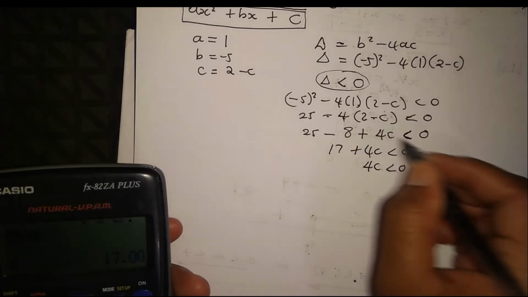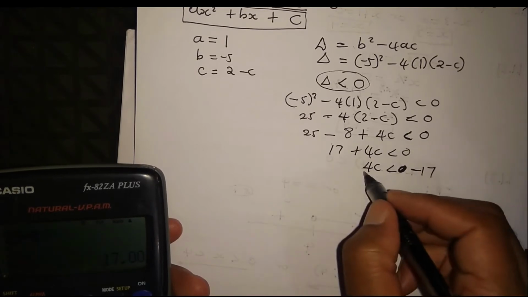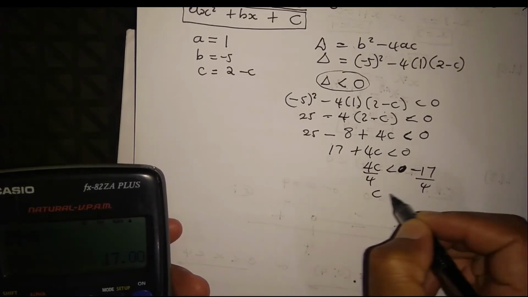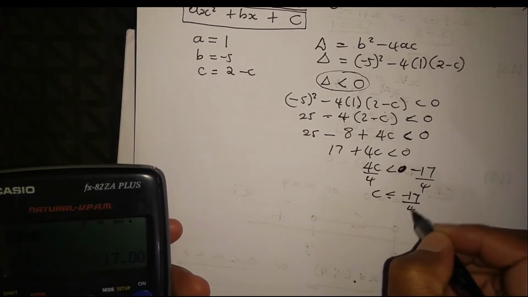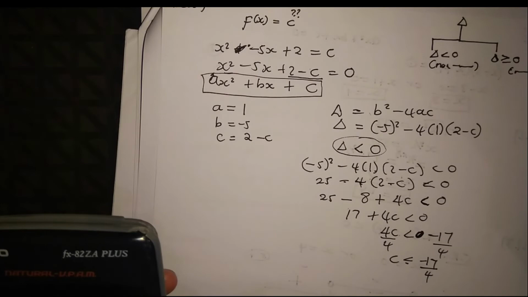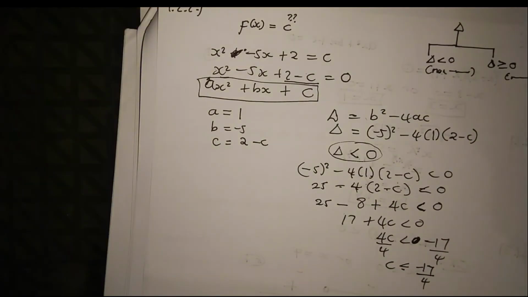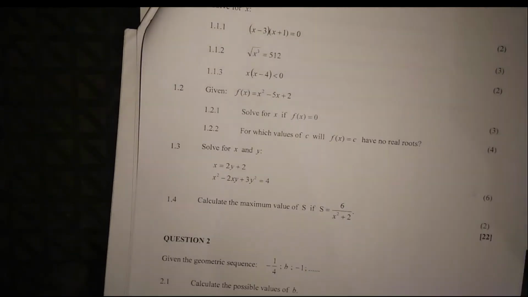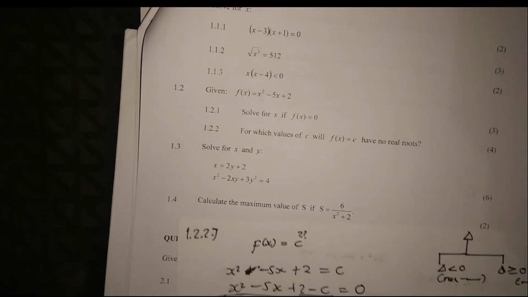Transposing 17, 4c less than negative 17. Dividing both sides by 4, c must be less than negative 17 over 4 in order for this equation to give non-real roots. So that is the nature of the roots, another topic you must know; it is done in grade 11 but also in the grade 12 syllabus.